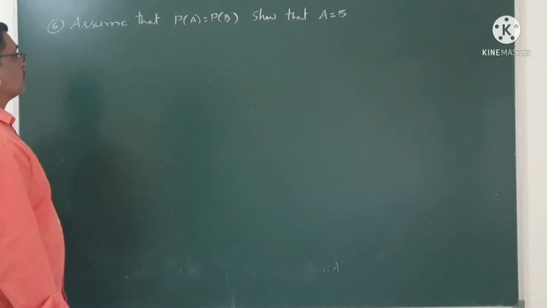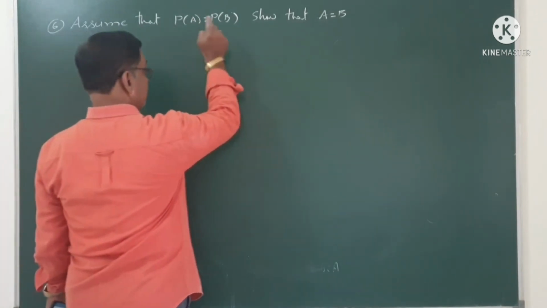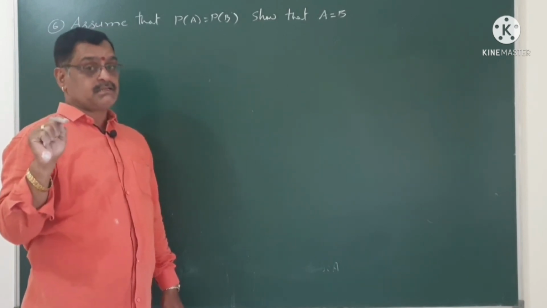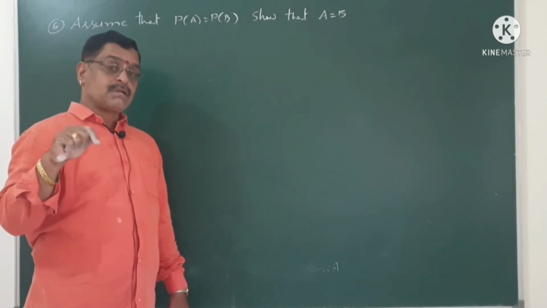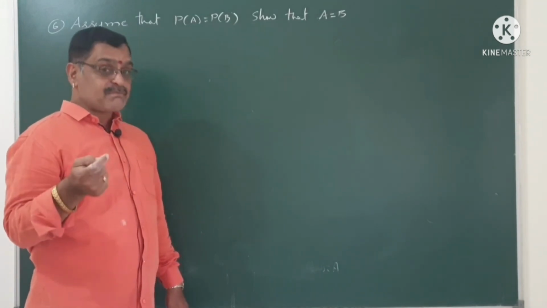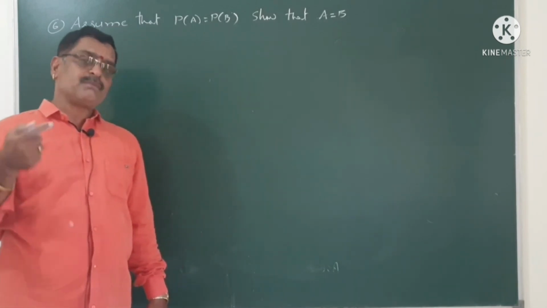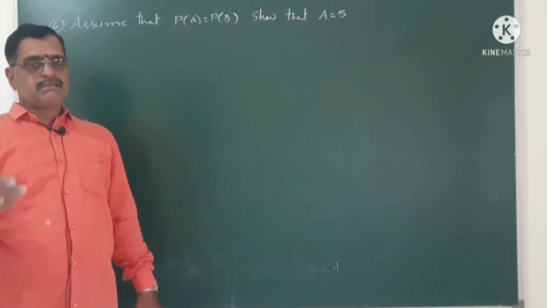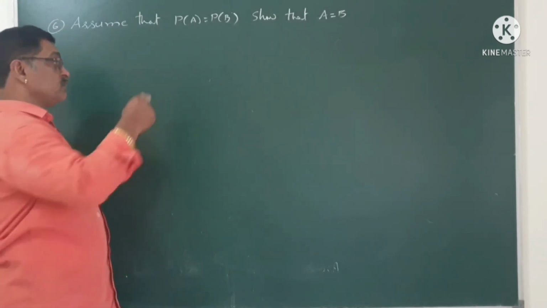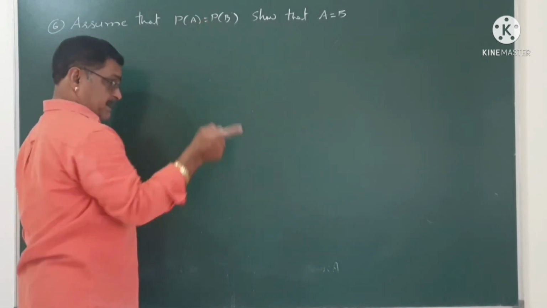Sixth question. A and B are two sets such that P of A is equal to P of B. P of A means the power set of A, the set of all subsets of A, including phi and A, is the same as the power set of B, the set of all subsets of B, including phi and B. So the power sets generated by A and B are the same.